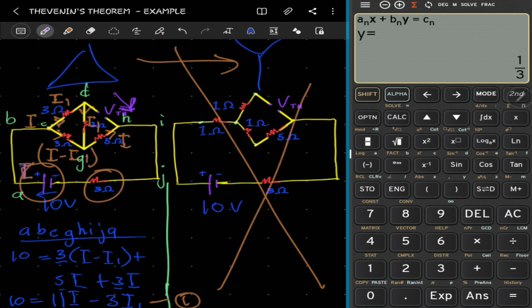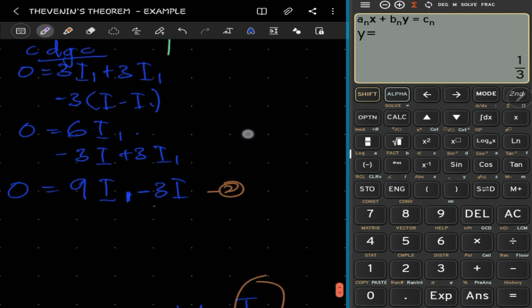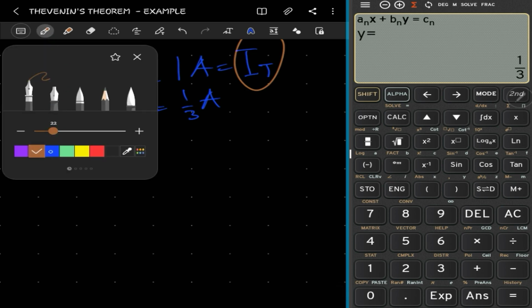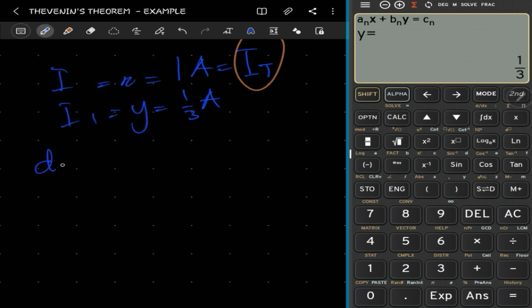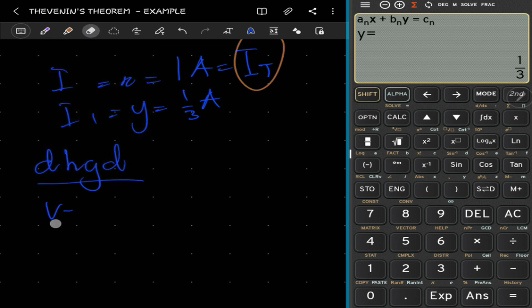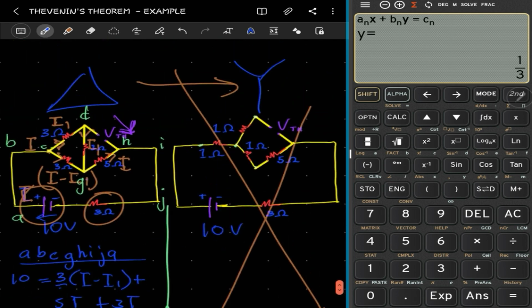So now we are considering the direction, and we are considering path D to find our VTH. Let's consider the direction very, very well, it's very important.